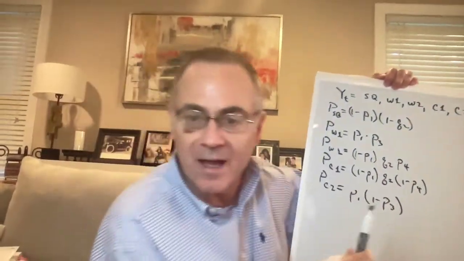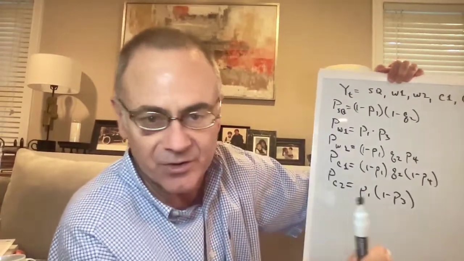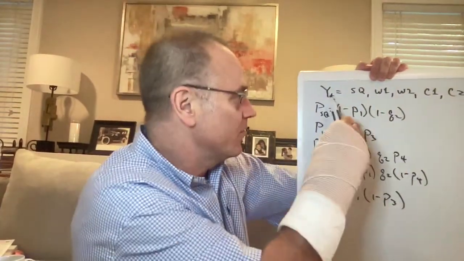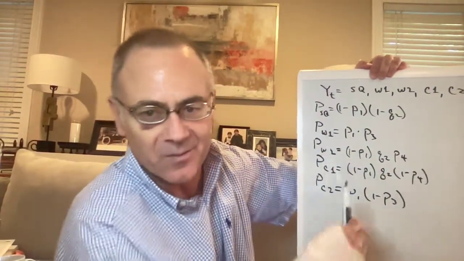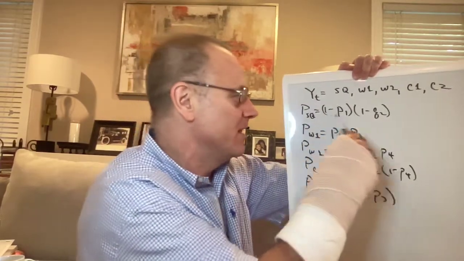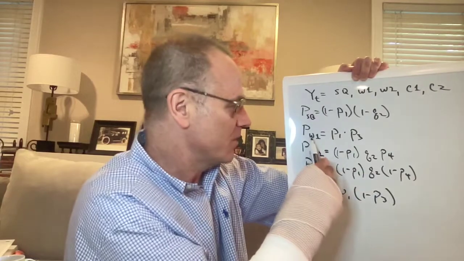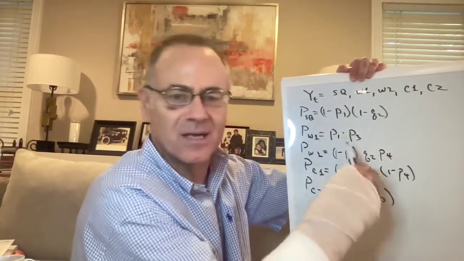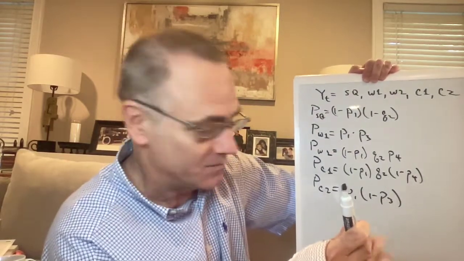So now all we would have to do, once we had data, so suppose we had 200 cases, we could observe which of each outcome occurred, and if 60 of them were SQ, we'd have this number raised to the 60th power. If 40 of them were W1, it's this number to the 40th power. That's our likelihood function, okay?